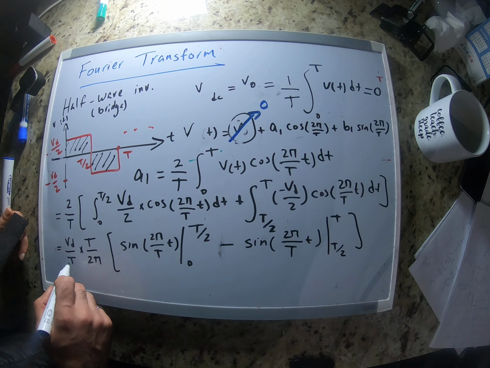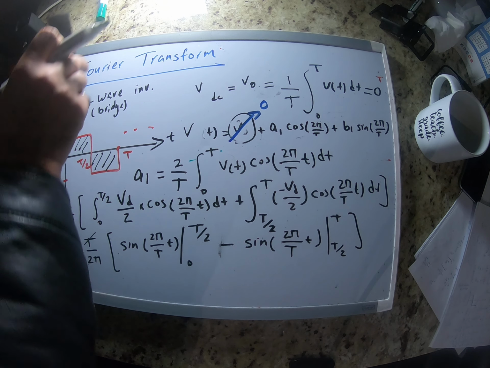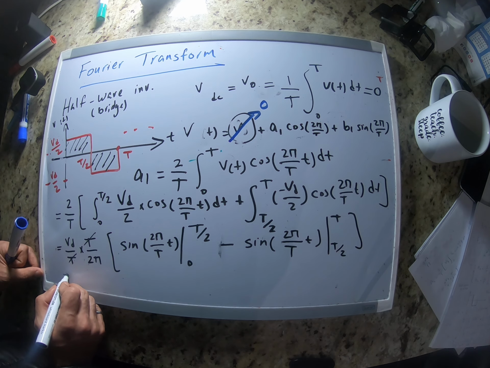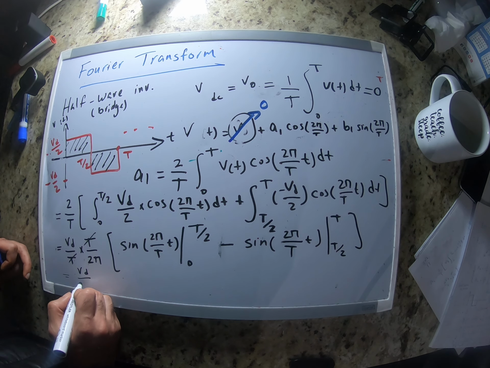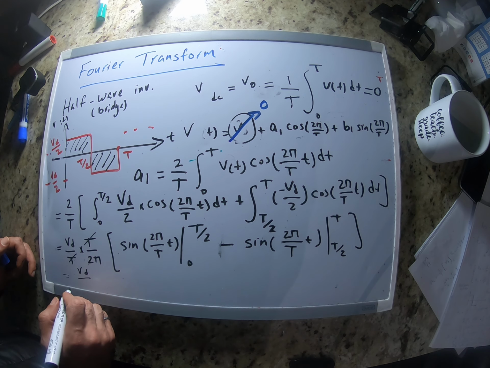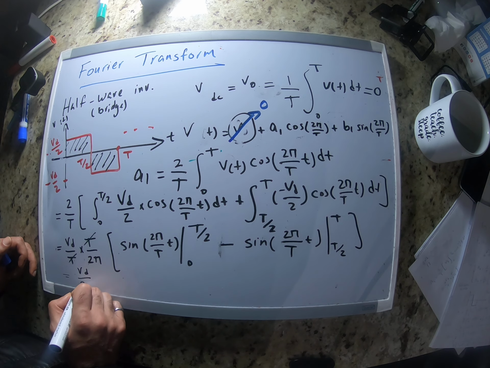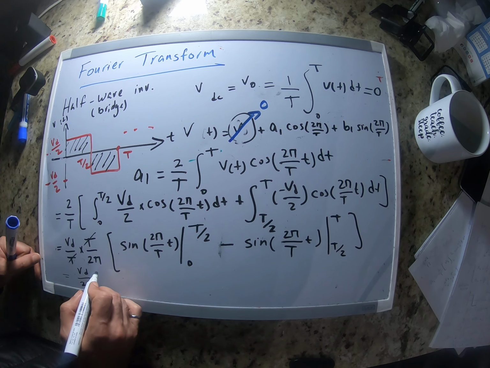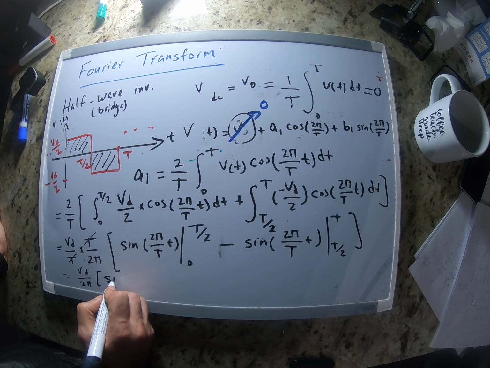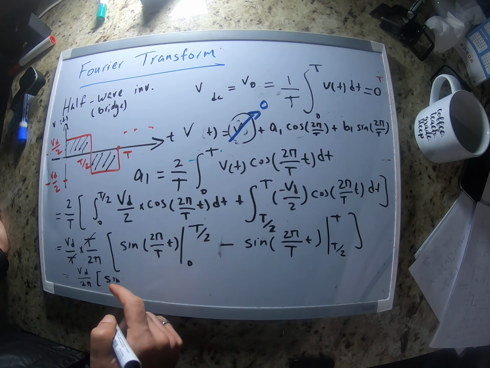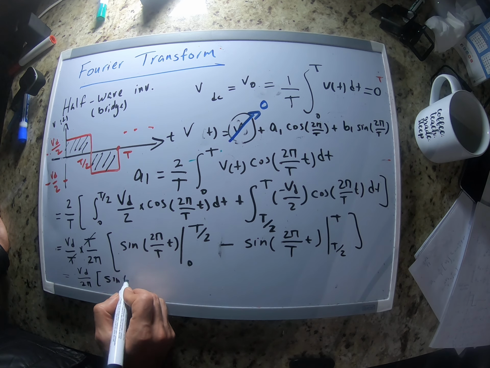Okay, so this actually gets simplified. We have Vd over 2 pi times sine of, so I'm just going to replace t with T over 2, it becomes sine of pi.